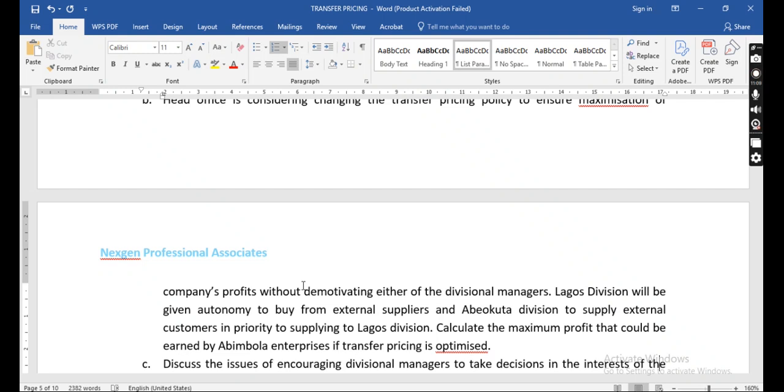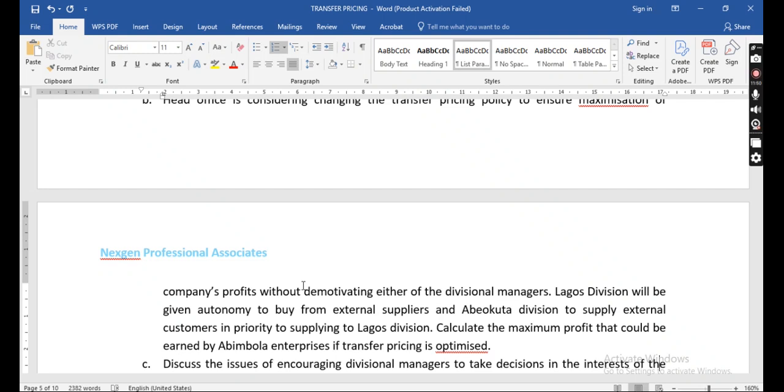Then Abeokuta can decide that out of 200, I will supply 180 to external. Then the remaining one, I will supply to Lagos. But Lagos can go outside and buy. It is their choice, right?